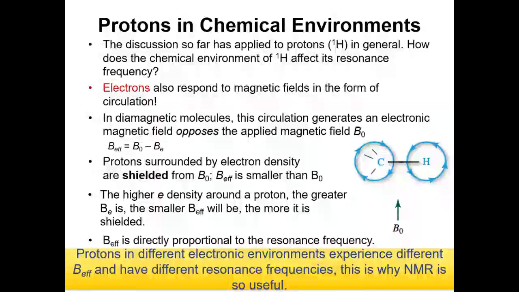If you know a lot about electrons, you can tell a lot about the proton. The electrons also respond to the magnetic field in the form of circulation. In a standalone hydrogen atom, electrons may move randomly around the nucleus, but once placed in the magnetic field, the movement becomes well defined in a sense.